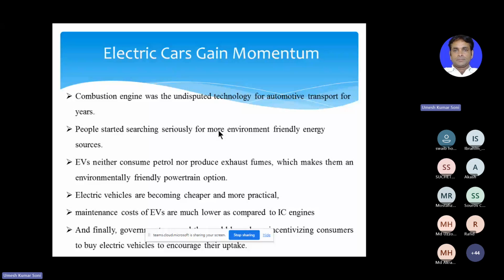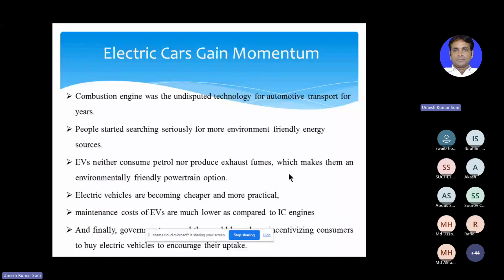There are no toxic byproducts harmful to the environment, and electric vehicles can save our environment. So electric vehicles are cheaper and more practical compared to combustion engines, because for the same cost, electric vehicles have longer range.